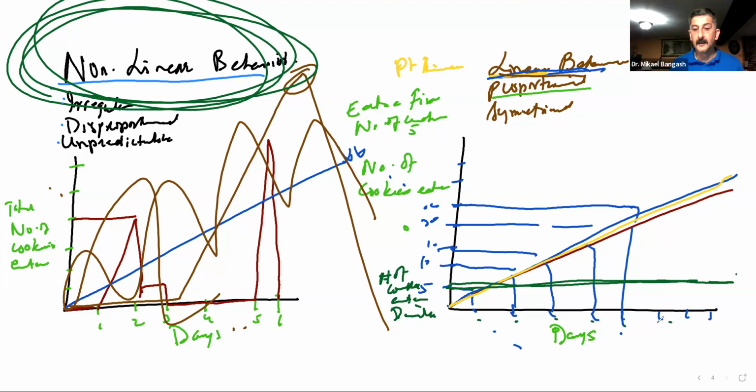That makes it linear. But if it goes like this, where the number of cookies eaten daily keeps on changing, then that would be a non-linear behavior.